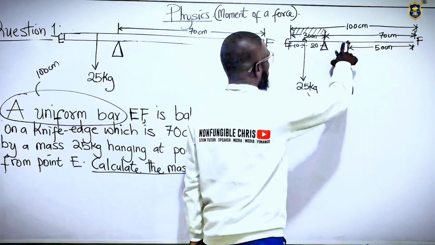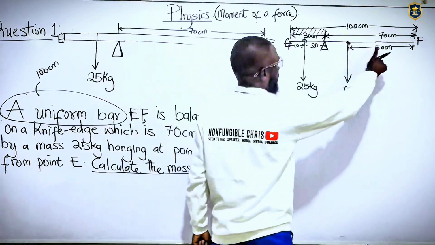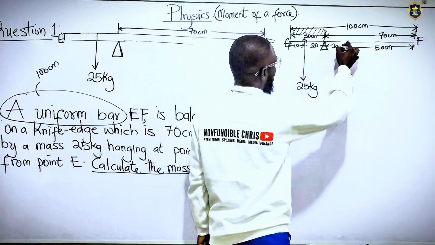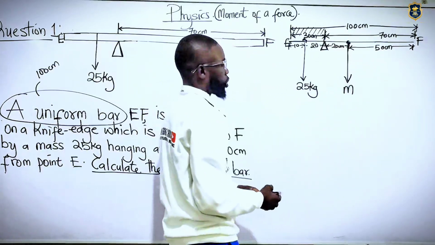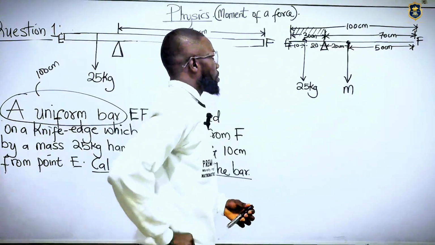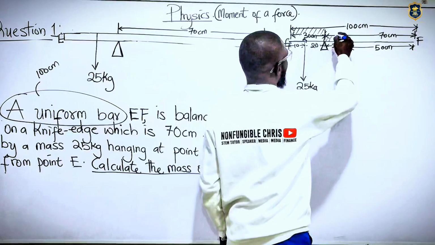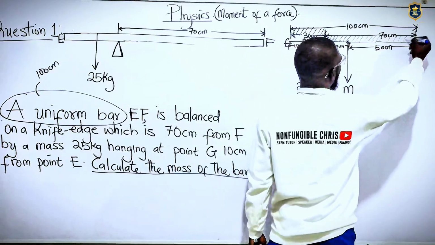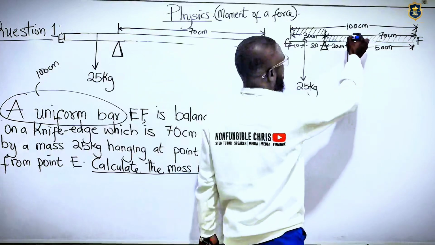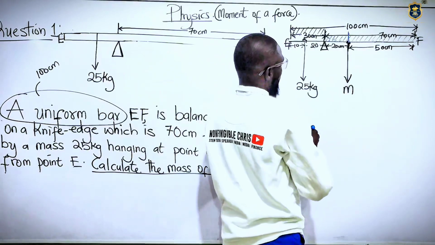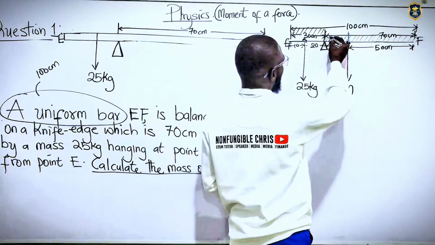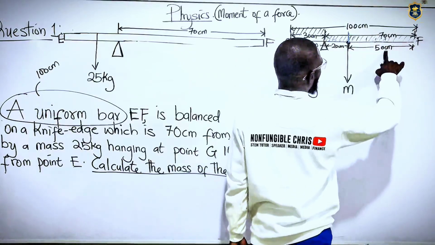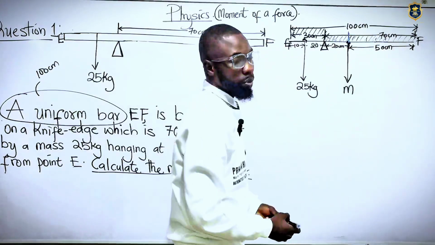If here is 50, it means here is what? Here is 20. How is that so? Remember, we have from here down as 70. So if we take here as 50, it means 20 is remaining to make it 70.